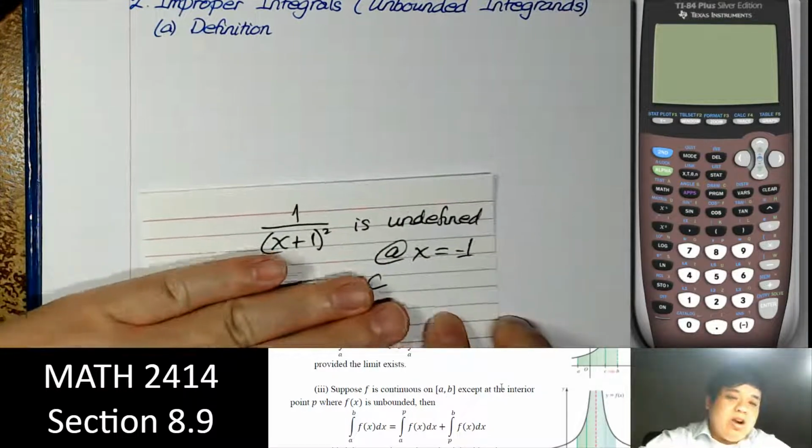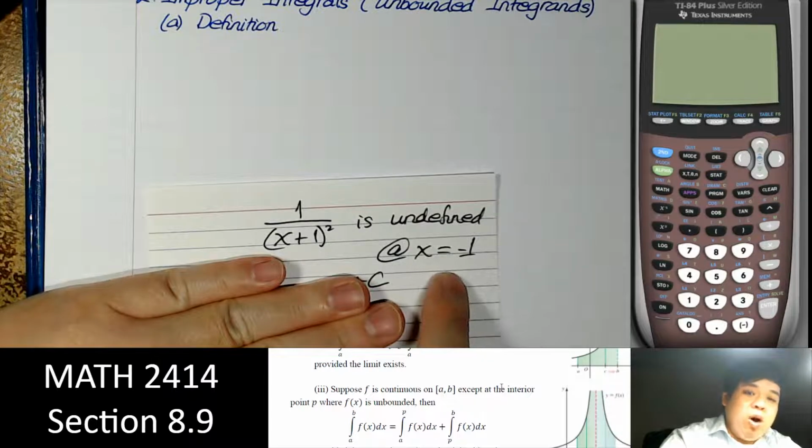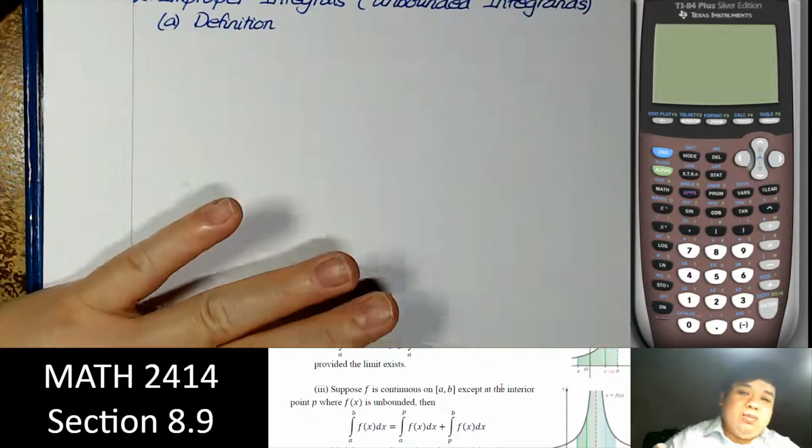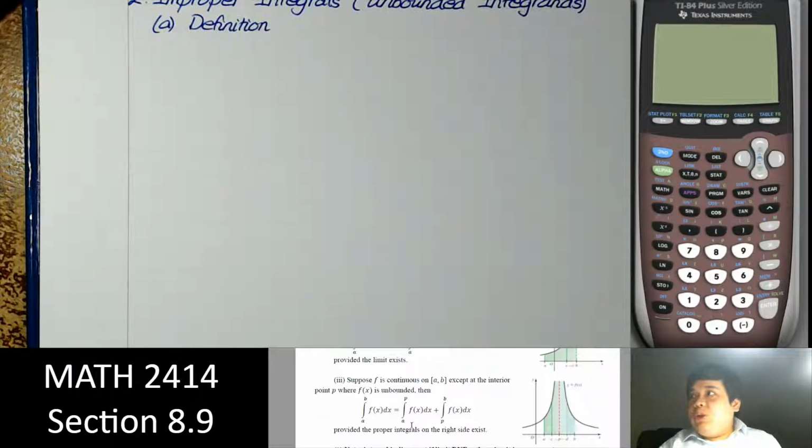This is the case we talked about earlier. For this function, there's a problem at -1, so we cannot do that conventionally. Alright, so let's write out these three cases.